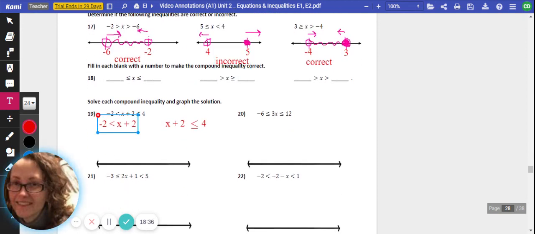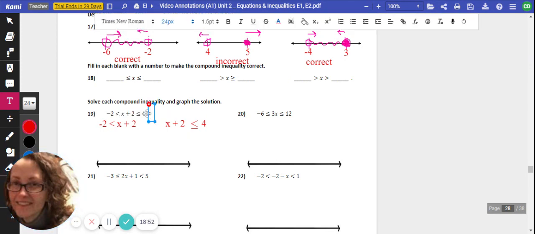So that's what I've done here, is split this up into two inequalities where I had this portion over here, and then this portion over here.